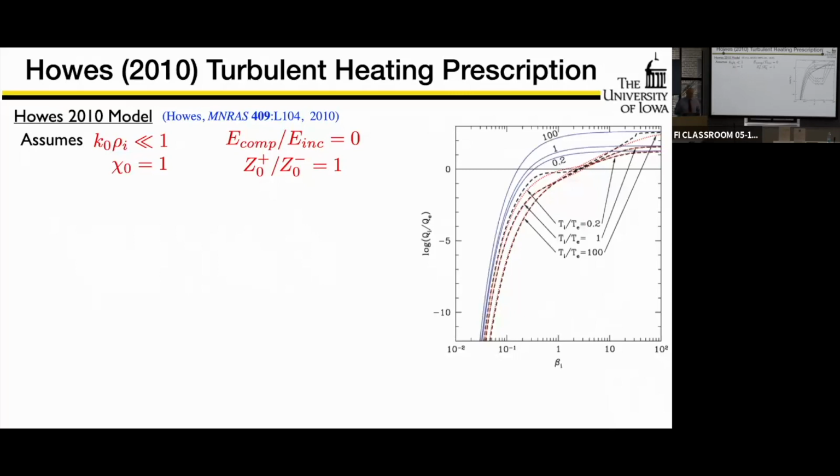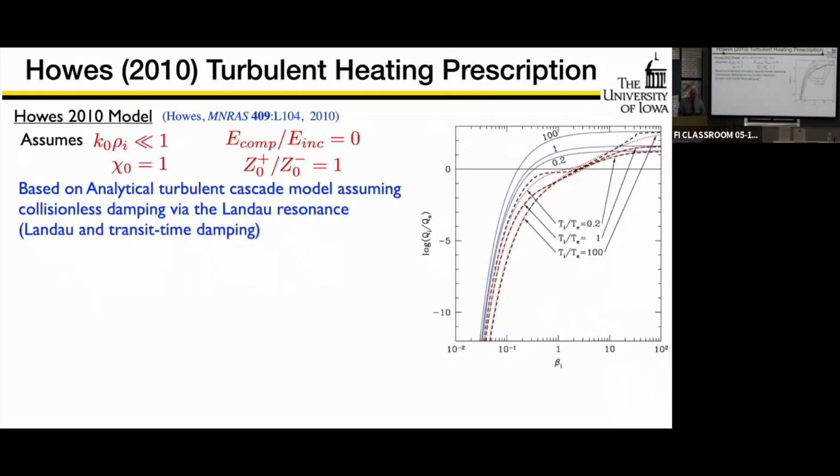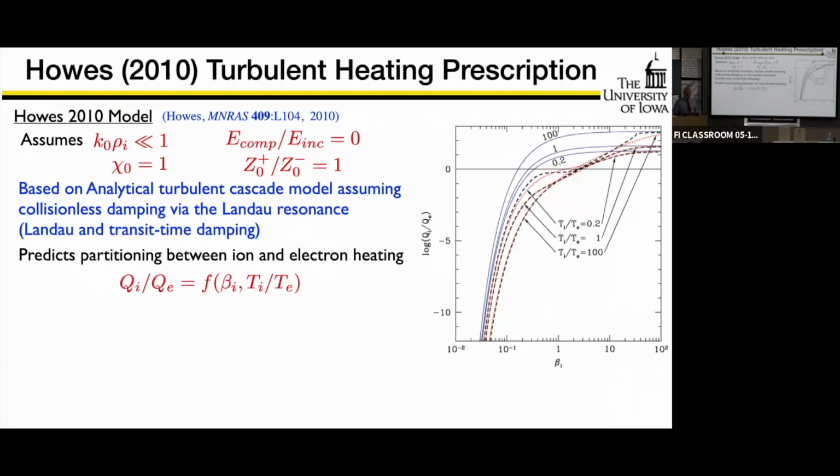Again, lots of systems satisfy these requirements. It's based on a balance between an analytical model of the turbulent energy cascade, and it assumes that all of the dissipation is associated with collisionless wave particle interactions via the Landau resonance, specifically Landau and transit time damping. And what it gives you is the partitioning between ions and electrons as a function of beta and Ti over Te.